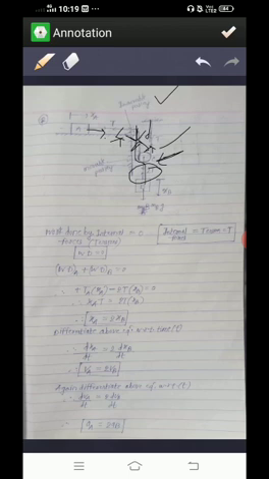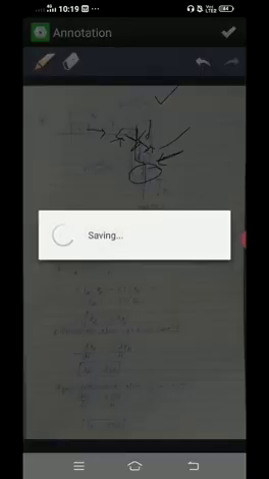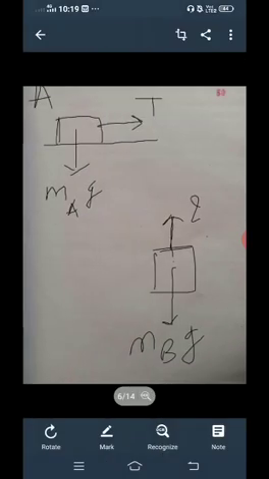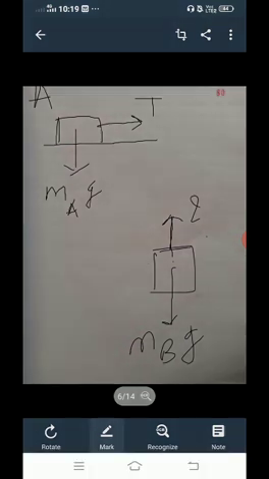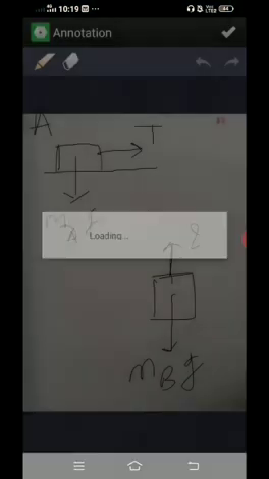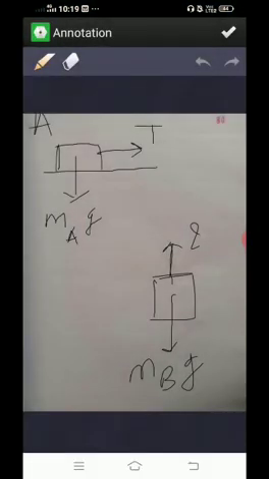So how to draw the free body diagram of pulley C? Suppose your pulley C is drawn somewhere here. This is the CG of the pulley.